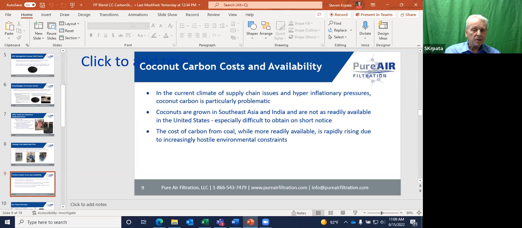Coconut carbon media in its natural state is flake, which is somewhat of a problem. We can ameliorate that by extruding the carbon media into cylinders, which enhances the airflow. Dusting is another problem with carbon media, which normally can be handled by using after filters for the media bed. But on occasion, I've seen these fail, and they'll still allow dusting into the space which is being treated.